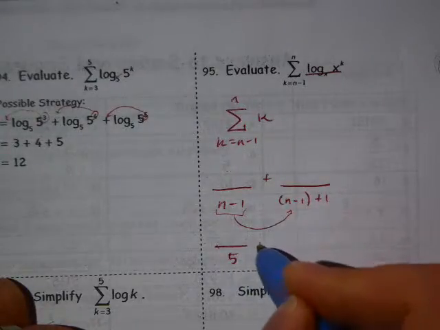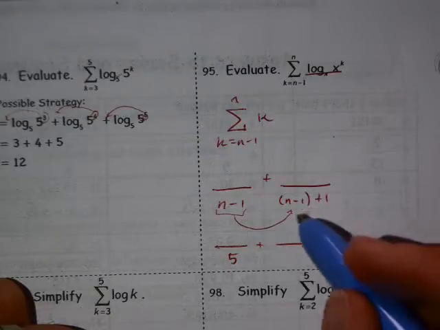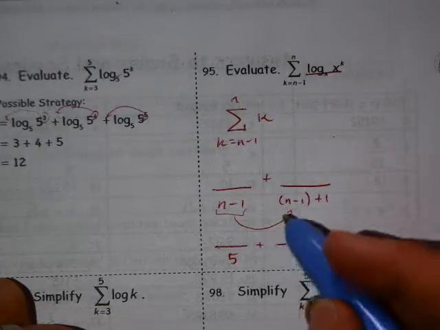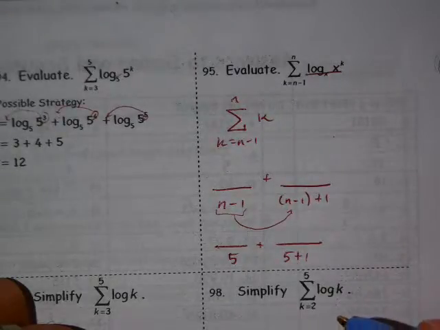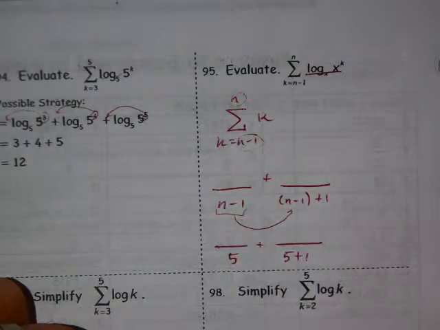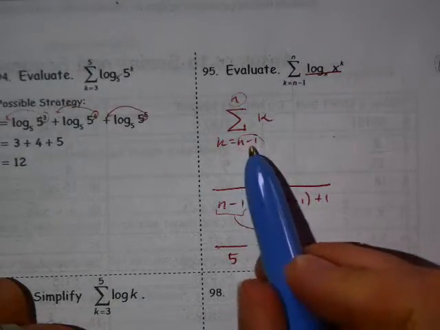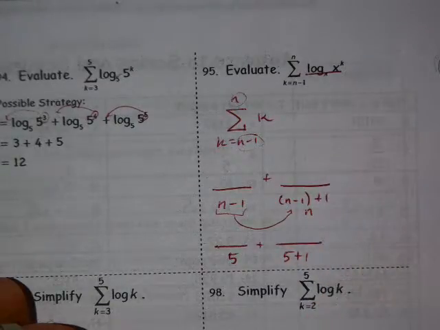Supposing we had 5. What's the next one? It's going to be 5 plus 1. It's 1 after 5. So in this case, when you go from n minus 1 all the way to n, you're actually only having 2 blanks. You're starting at n minus 1, and the next one, n minus 1 plus 1, just turns out to be n.